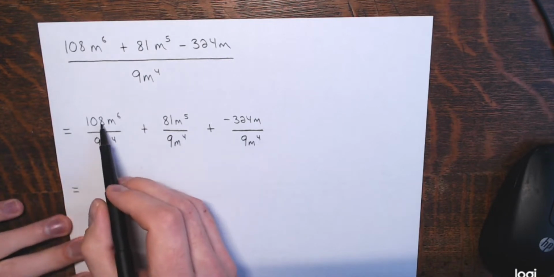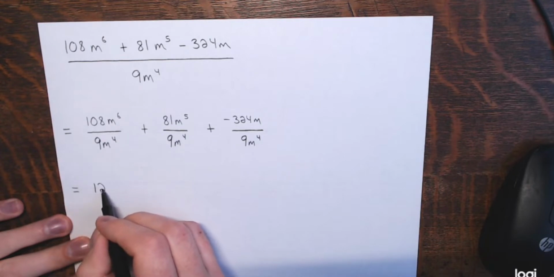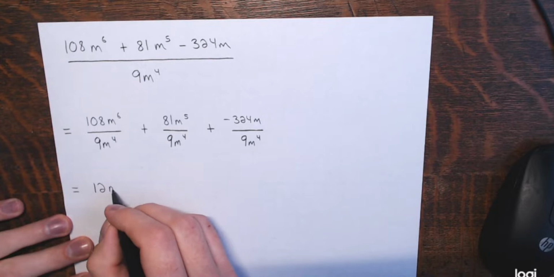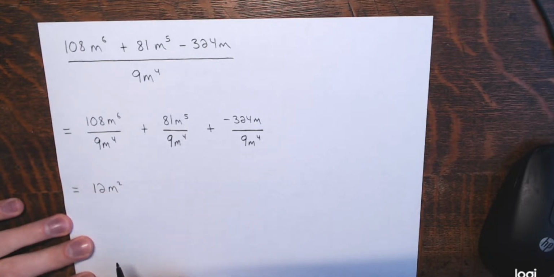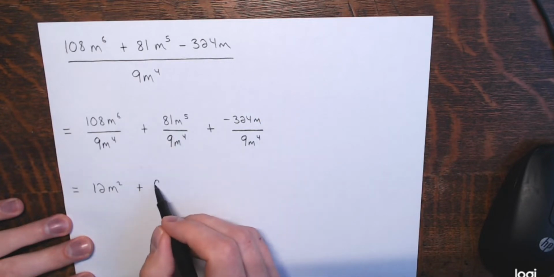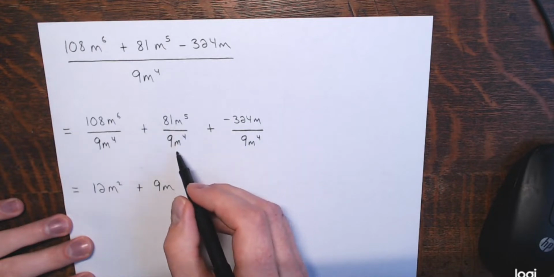Now 108 divided by 9 would be 12. And then m to the sixth over m to the fourth, using the quotient property for exponents, would be m squared. So 12m squared is what the first fraction reduces to. Plus, and then 9m, right? 81 divided by 9 is 9. M to the fifth divided by m to the fourth is m.